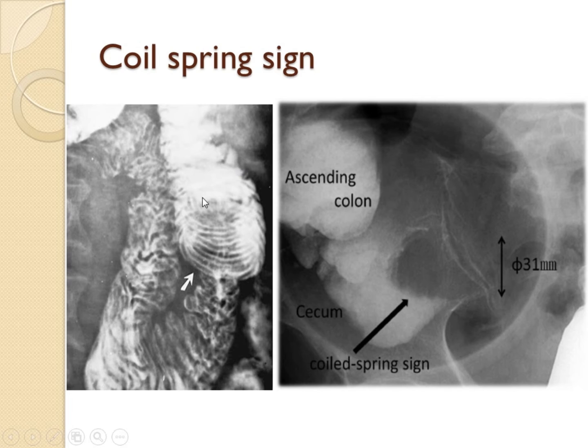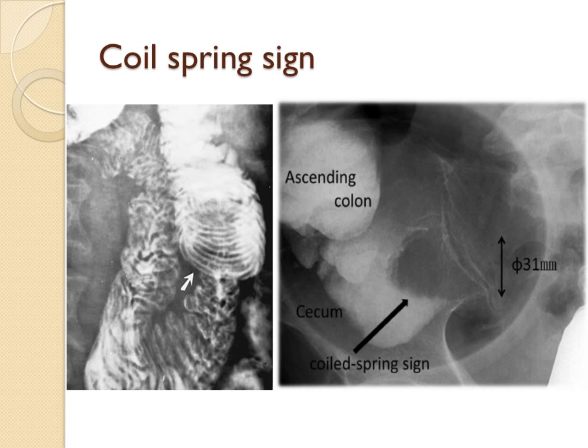When you use a double contrast barium enema, the coils that are intercepting the colon, the barium will be trapped between the loops. There are two loops going into each other, so the barium is between them, trapped, and will give us this appearance.